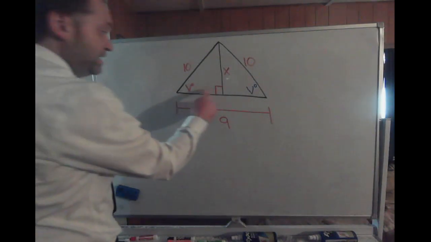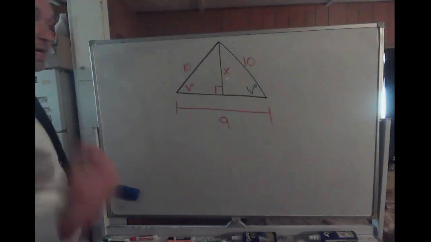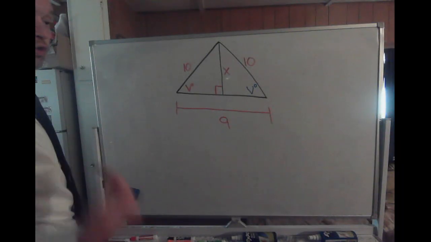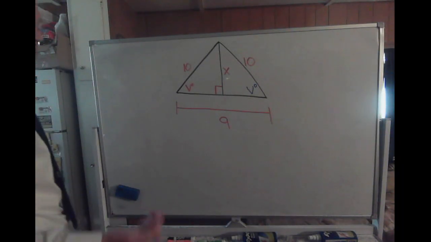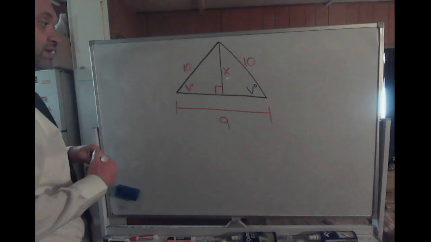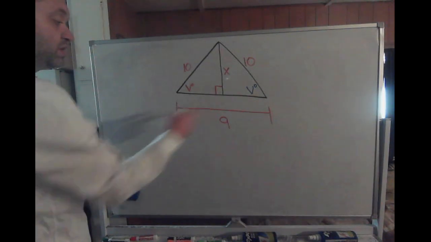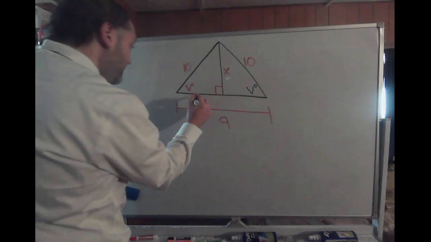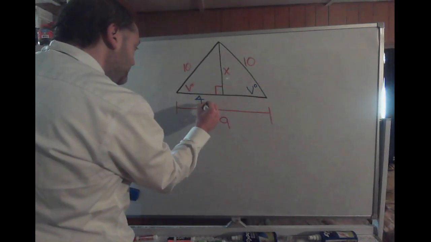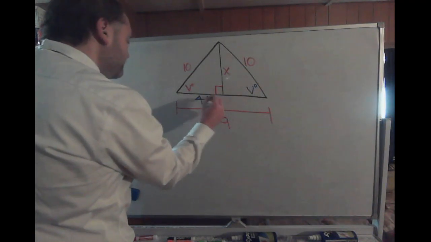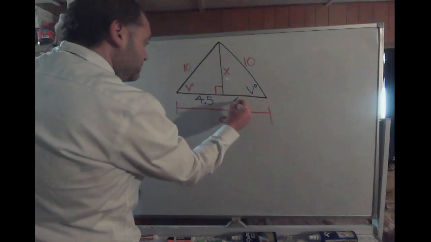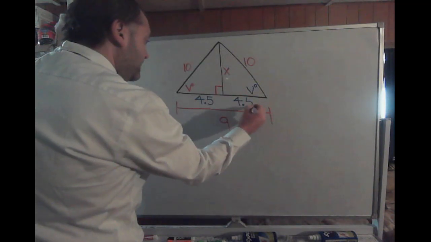Which means the bases of both right triangles, the bottom legs, are congruent to each other by corresponding parts of congruent triangles are congruent. If the length of this whole base is 9, split into two congruent segments, that has to mean that each of the bottom legs of the right triangles have a length of 4.5.